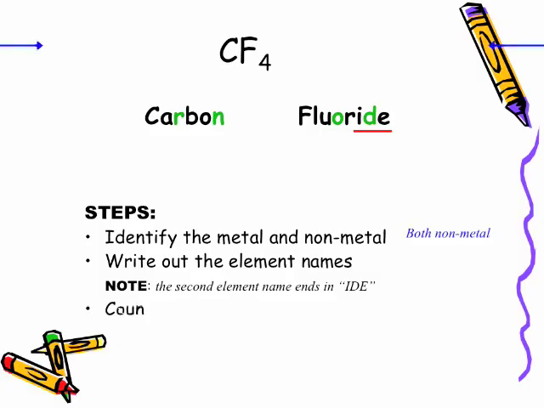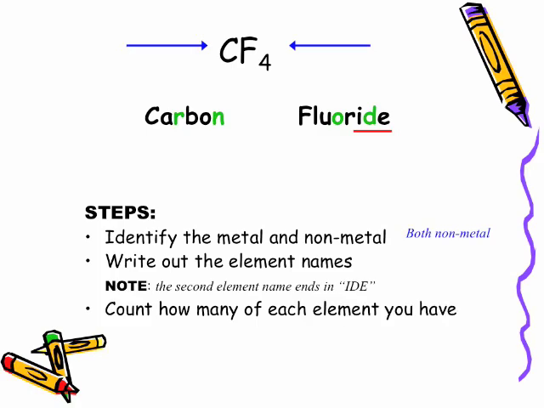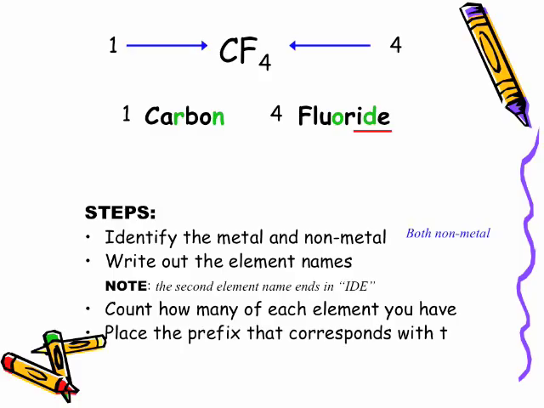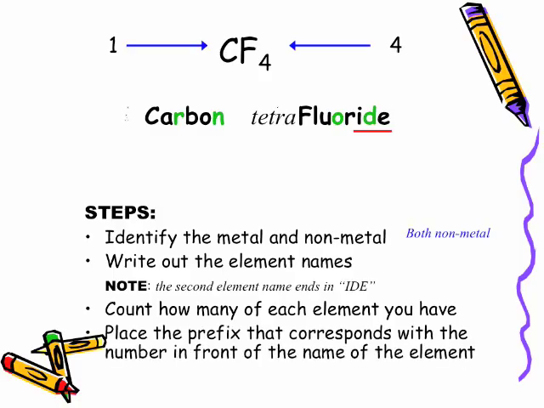Now, how many of each one do we have? Count how many of each element we have. How many carbons do we have? We have 1 carbon and we have 4 fluoride. So how do we put it together? According to the prefixes, we use the prefixes at the beginning to represent how many of each one.